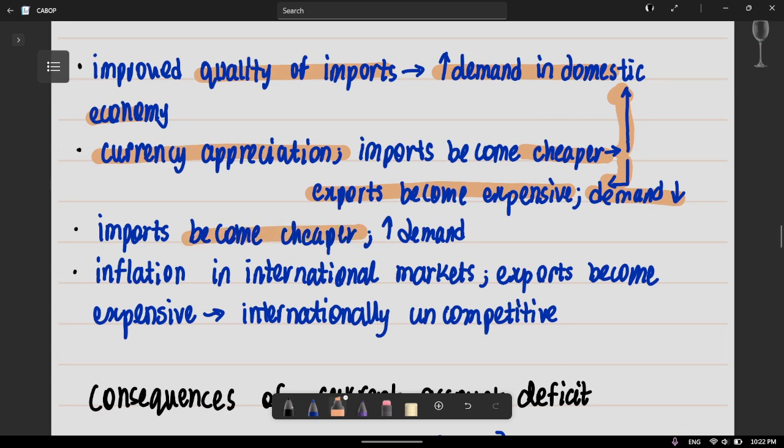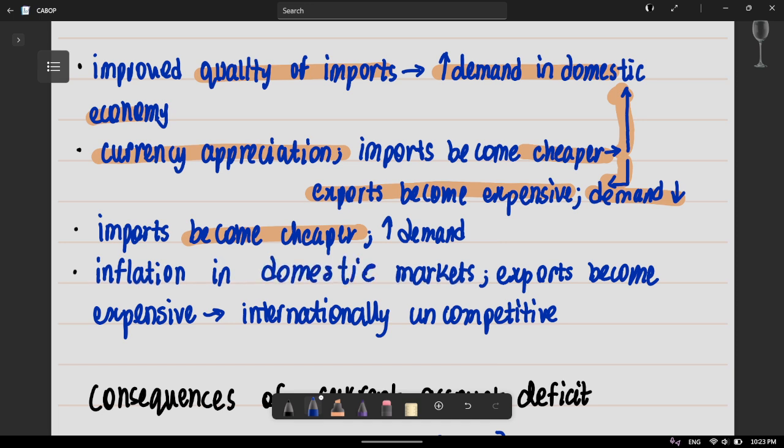Now, you could explain different ways how exports could become cheaper. In the foreign country, you could say maybe there's an increase in skilled workers, an increase in technology, and all those, which will increase the demand in the country that you're in. I think I meant to say inflation in the domestic market, rather.